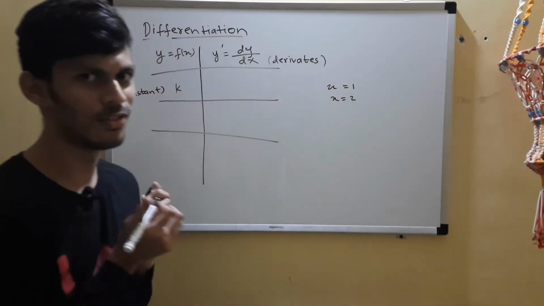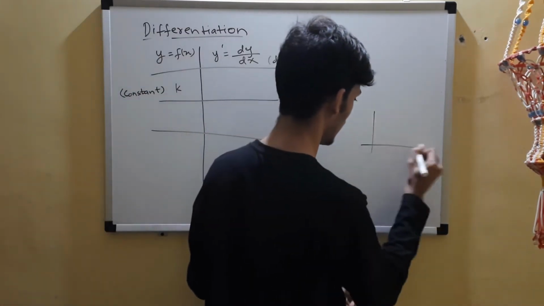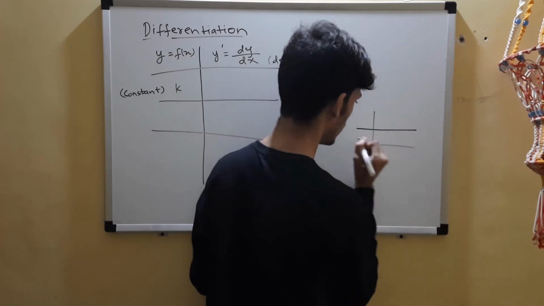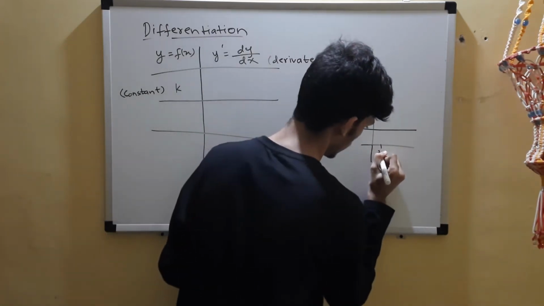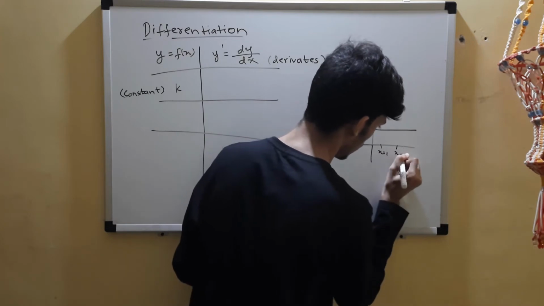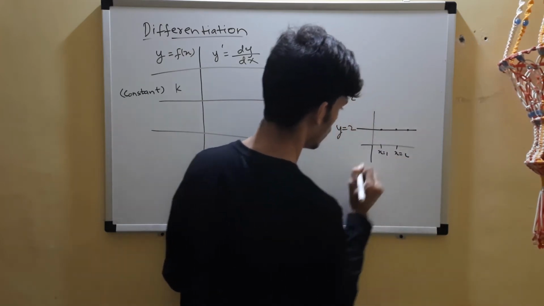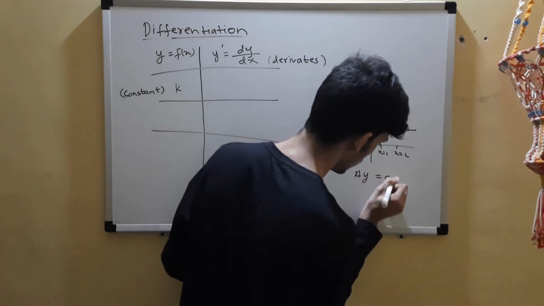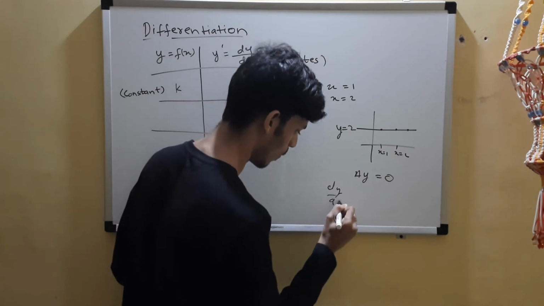Will the value of y change? It's a constant function, it won't change. So y is equal to 2, whether you choose x is equal to 1 or x is equal to 2, y is always 2. So delta y becomes 0, which means dy by dx will be 0.